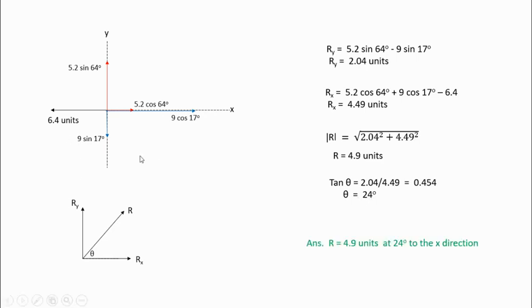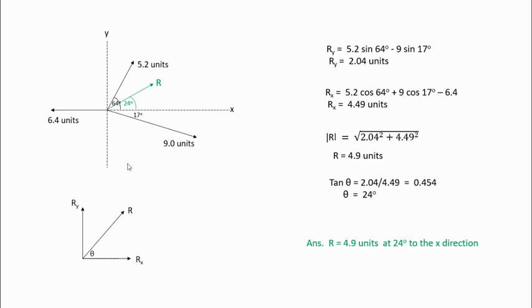So our answer is 4.9 units at 24 degrees to the x direction. It has a magnitude and a direction, so it's fully specified. If we should include our resultant on our original sketch, it's 4.9 units. This is where R is. And the angle it makes is 24 degrees to the x direction.